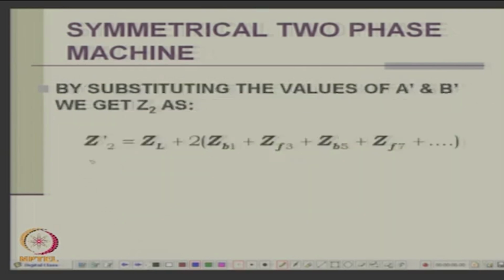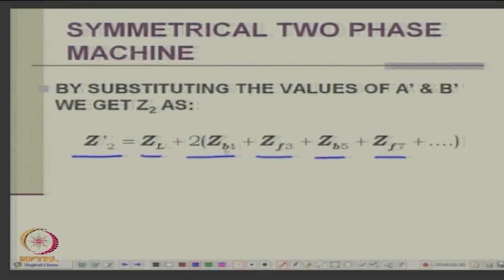And this simplification yields Z2 dash will be ZL plus twice ZB1 plus ZF3, ZB5 and ZF7. Okay. So you will have again the negative sequence associated with different fields than those corresponding in a 3 phase system. Okay. Right.